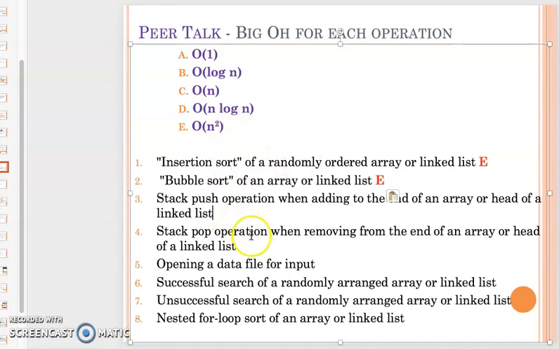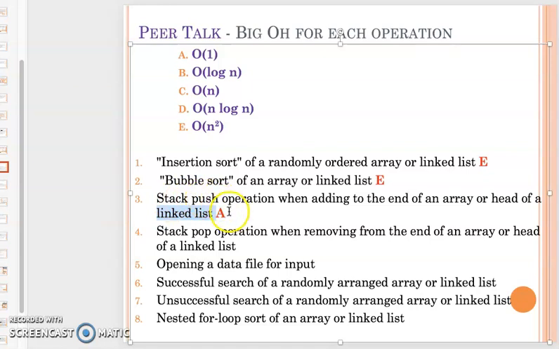Okay. How about the stack push operation? We can add a new node to the array or to the linked list. So this one is A, B, C, D, E. Wonderful, this answer is A. Remember, your array index can bring you to that location, and in your linked list, your first node will do the stack push.